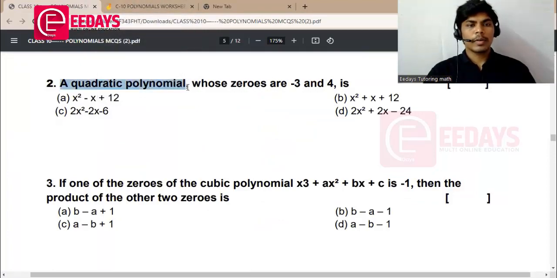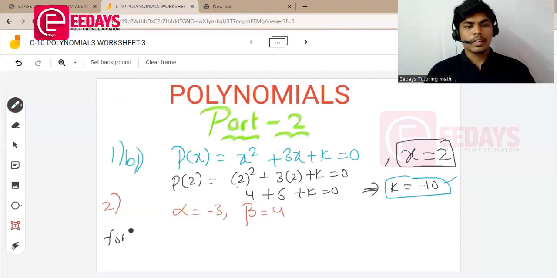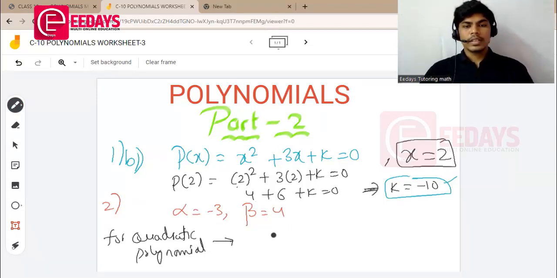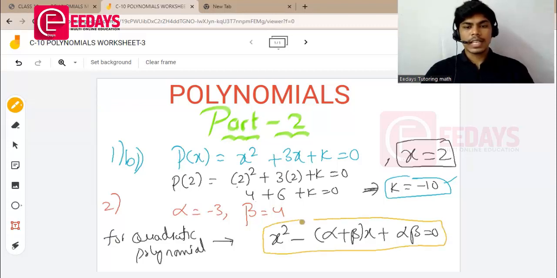Then how do we form a quadratic polynomial? For a quadratic polynomial we have one standard form: x square minus (alpha plus beta) into x plus alpha beta equals 0.